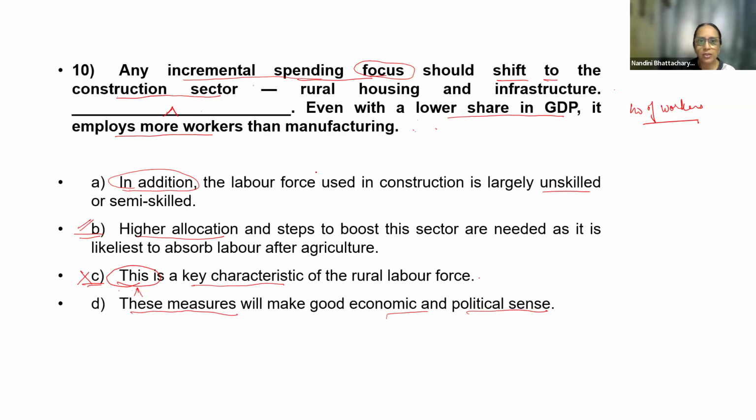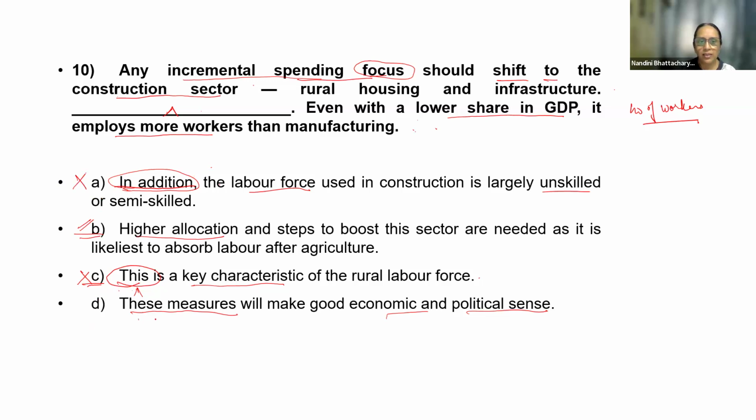Now, in addition, labor force used in construction is largely unskilled. When you use in addition, a similar point has already been stated. So has a similar point been stated? No. So we eliminate A. C is also eliminated.